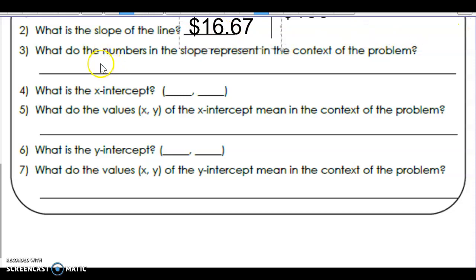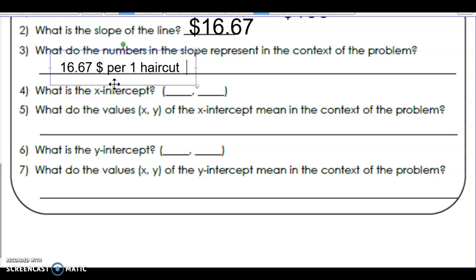So I'm going to write this in here. Okay, it's going to be $16.67 per one haircut, which is an average because apparently, that's just an average depending on what people usually do.